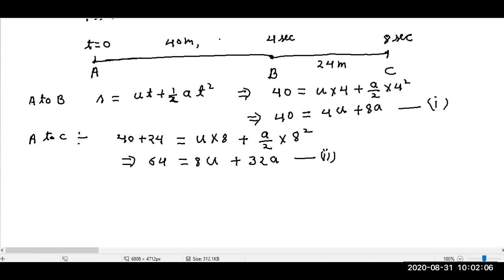So to solve these two, suppose we take the first equation, multiply it by 4, and subtract the second one.